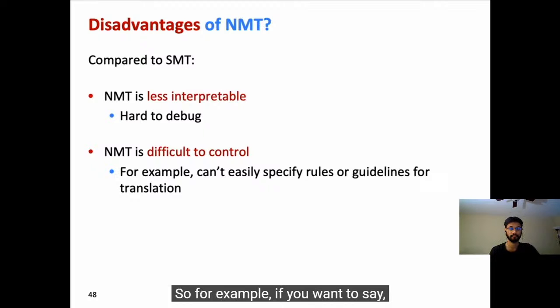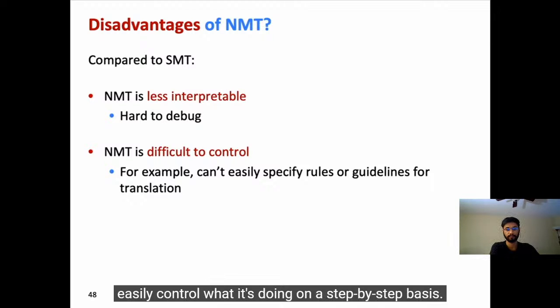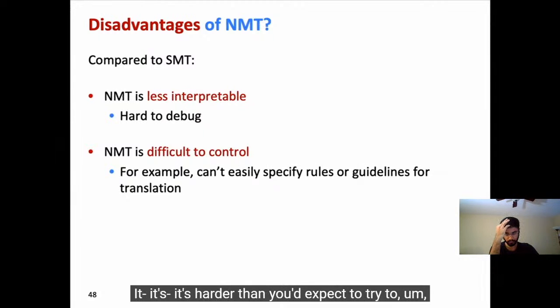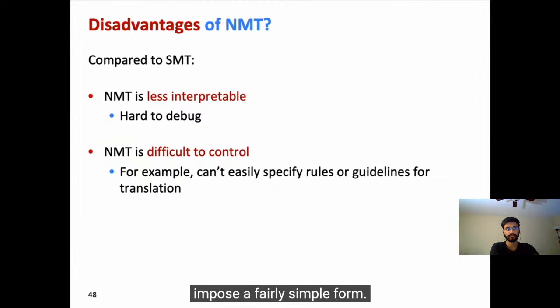For example, if you want to say, I want to always translate this word in this way when this other thing is present, that's not particularly easy to impose as a rule on the NMT system, because you can't easily control what it's doing on a step-by-step basis. Sometimes you have some kind of post-processing rules you might try, but overall it's harder than you'd expect to impose a fairly simple rule.